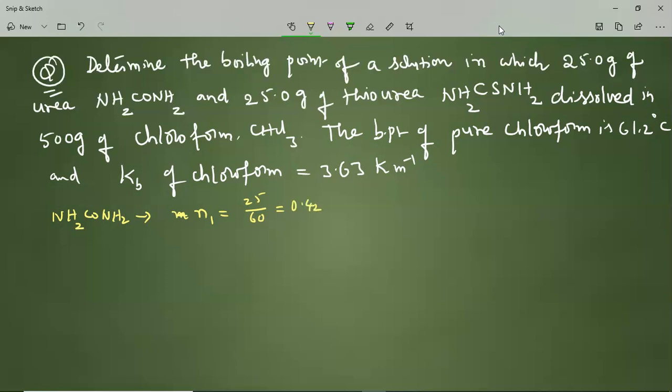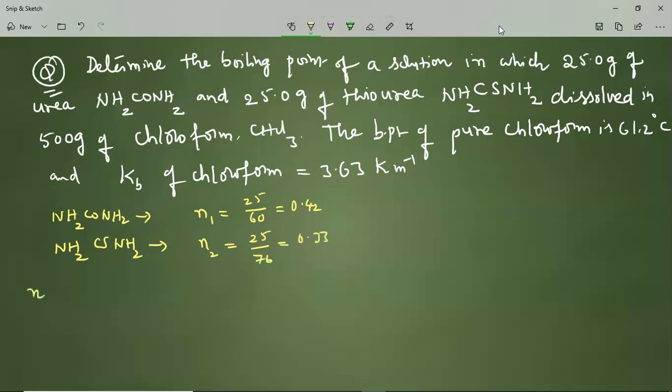In the same fashion, for thiourea, NH2CSNH2, the number of moles is N2, which is 25 by its molar mass 76, and I got 0.33.